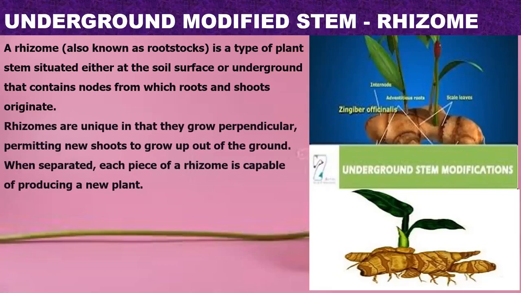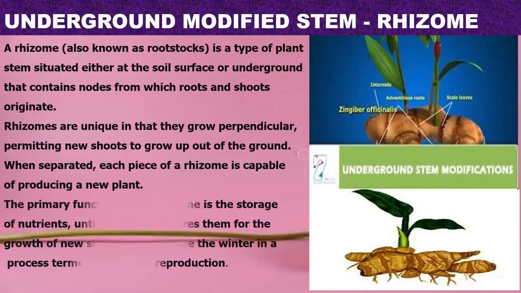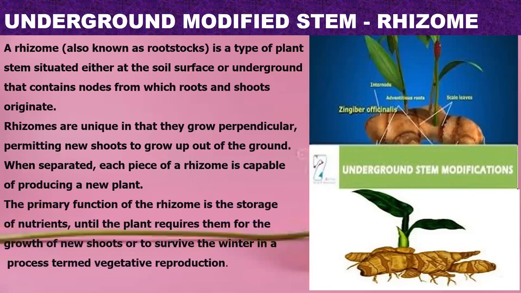Rhizomes are unique in that they grow perpendicular, permitting new shoots to grow up out of the ground. When separated, each piece of a rhizome is capable of producing a new plant. The primary function of the rhizome is the storage of nutrients until the plant requires them for the growth of new shoots or to survive the winter in a process termed vegetative reproduction.